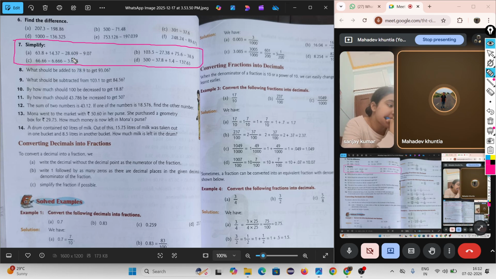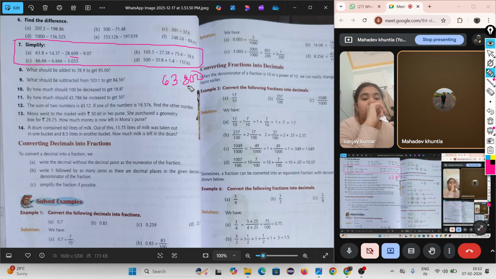You have to convert each decimal into like decimals. Then, according to the instruction, you have to do. Look, here 63.8 becomes 63.800, because now here it has 3 decimal places. To convert it, we should put 2 zeros, na? Yes.